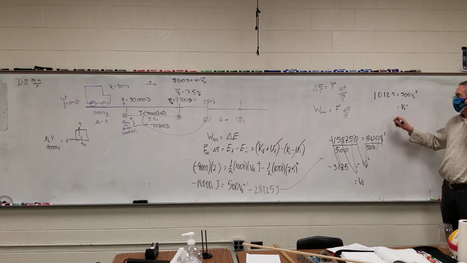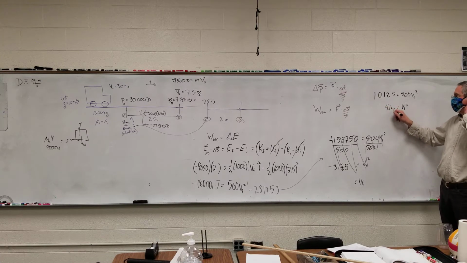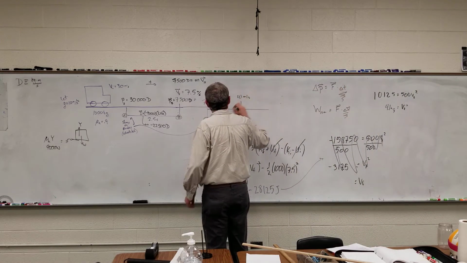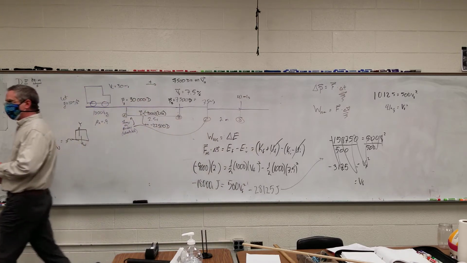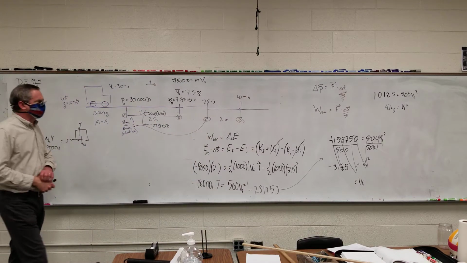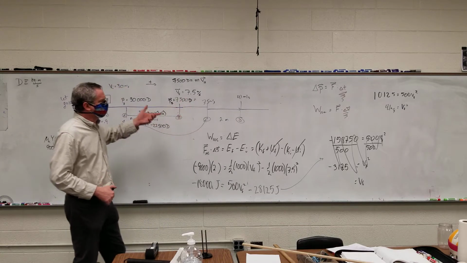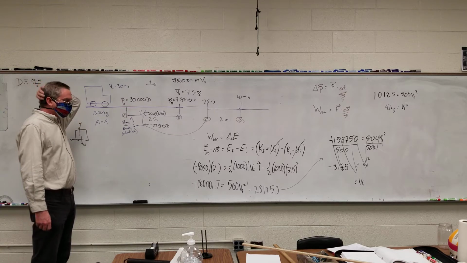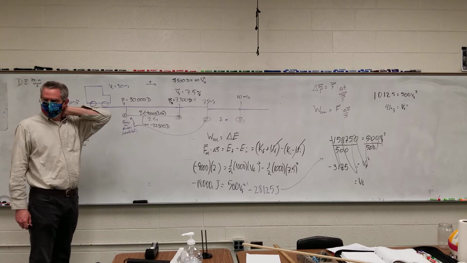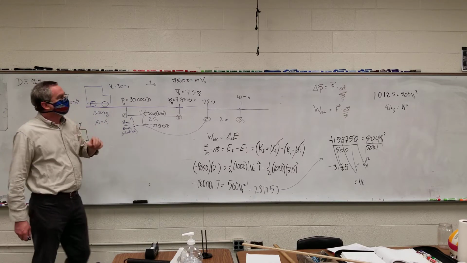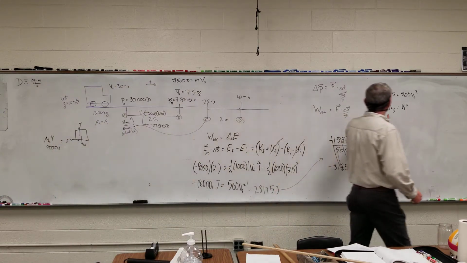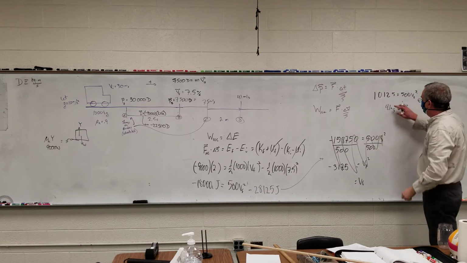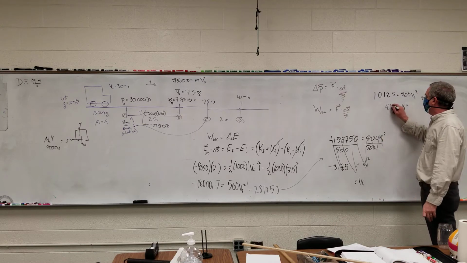4.5 meters per second. I think one of the master set problems from chapter 7 is similar to this. It does not stop at the end, so you don't get the imaginary answer. Is that 4.1? No, 4.5.